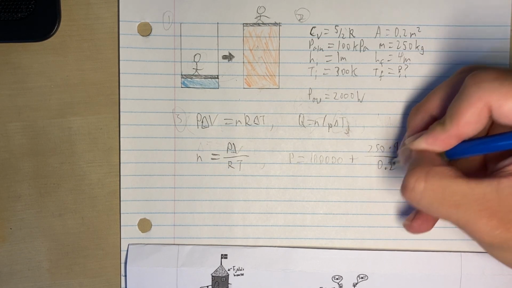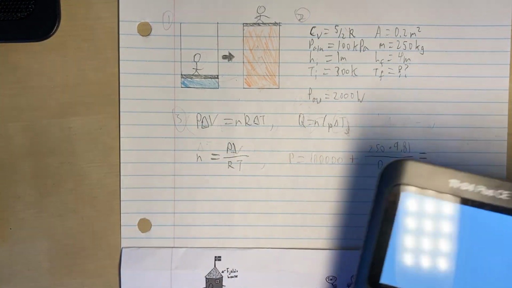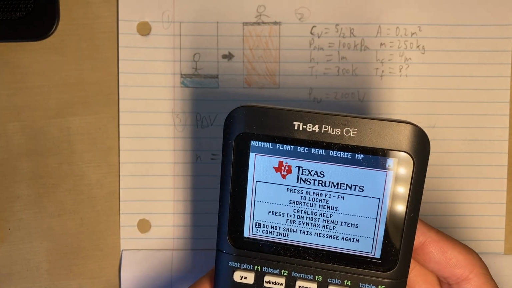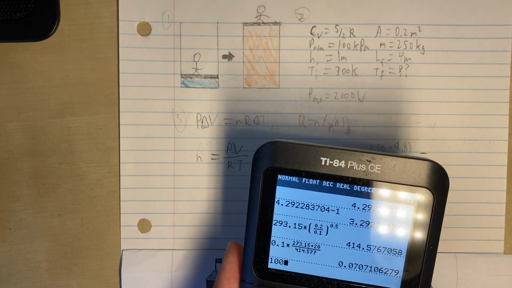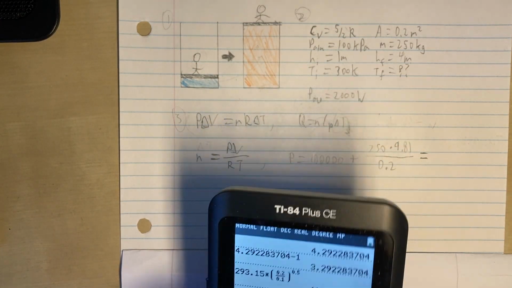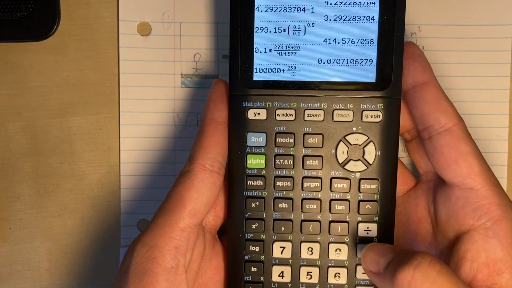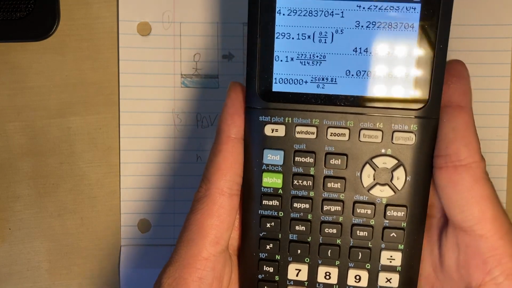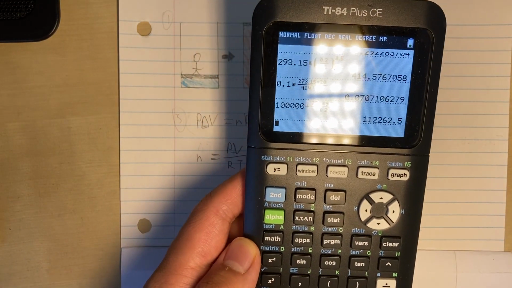Then this will give you, if we pull out our calculator, because you don't want to do this in your head. It's just not a good idea. It's 100,000 plus 250 times 9.81 divided by 0.2. And that gives you 112,262.5.